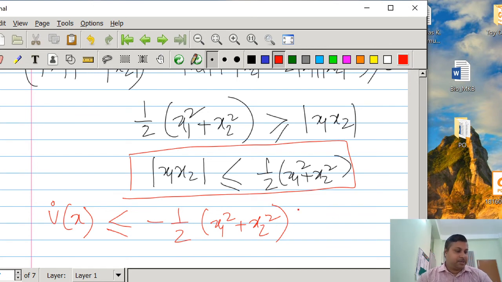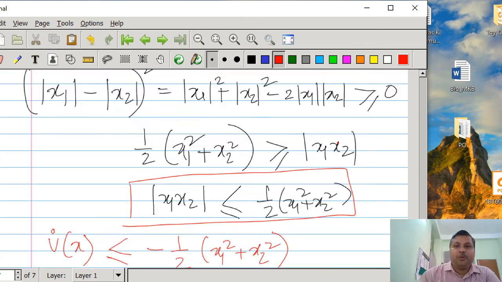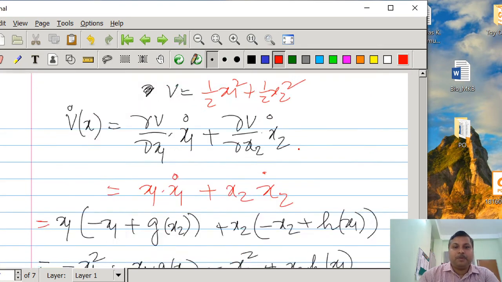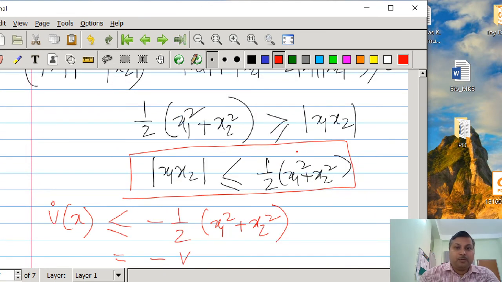And it is very interesting to note that this is actually equal to minus v, because v you have taken as half of x1 square plus x2 square. So now it is very clear that we have satisfied the condition. So we can say that v dot x is less than or equal to minus v.